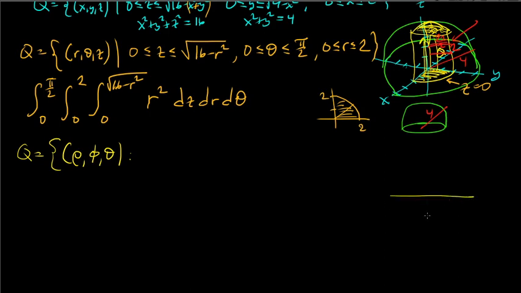So this is the xy plane. Let me do this in blue again. Right, so this is the xy plane. This is the z-axis. And yes, this is the sphere of radius 4. 1, 2, 3, 4.